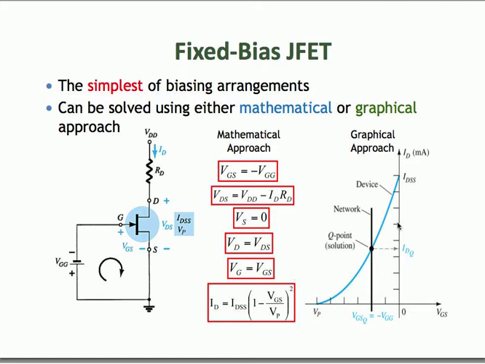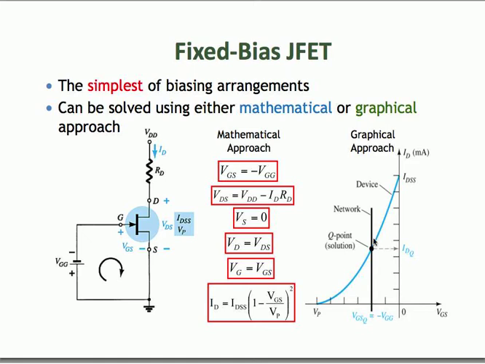The other way is the graphical approach. To use this approach, you first plot the transfer characteristic of the JFET using the Shockley equation, and then you plot the applied gate bias, in this case VGS equal to minus VGG, which is this black line over here.